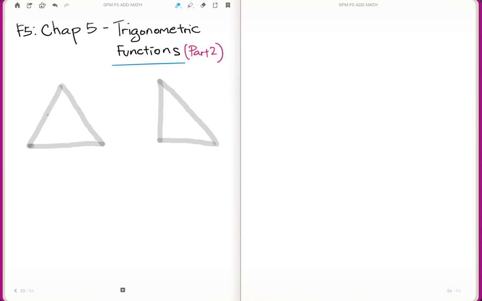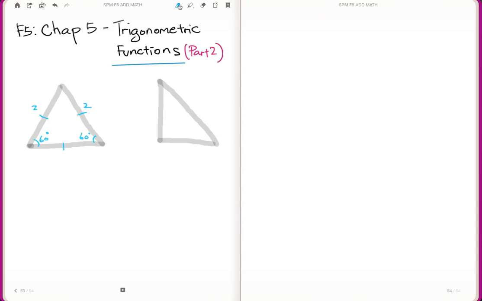Now, if I were to have a triangle with all the sides the same, meaning 2, 2, and 2, an equilateral triangle, each of the angles would be 60.